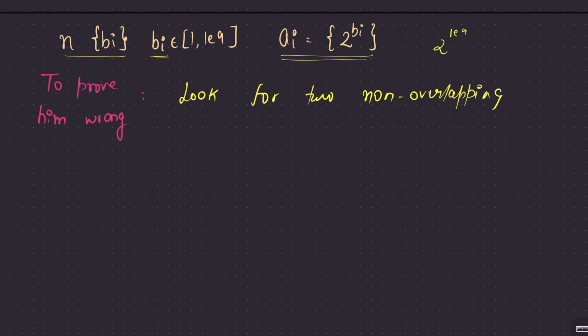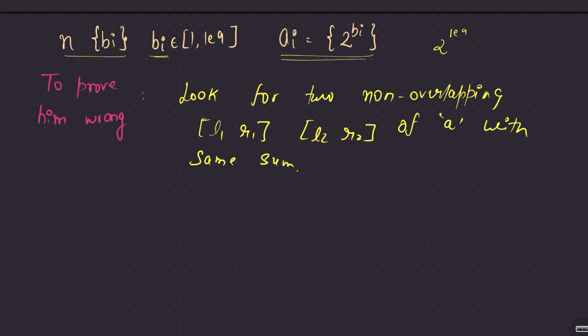We are looking for two non-overlapping segments, L1 R1 and L2 R2, defined on this array A, with the same sum.